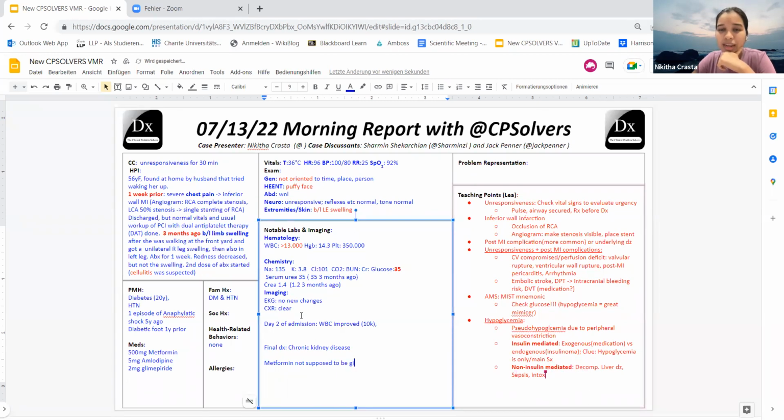Also with CKD, because insulin is renally cleared, there's so much insulin circulating that it causes a state of hypoglycemia. We are also assuming that her leukocytosis is just because she had a recent admission and an invasive procedure. So this is just good old chronic kidney disease is what we anticipated. She drastically improved within a day of admission. So yeah, this is due to CKD.